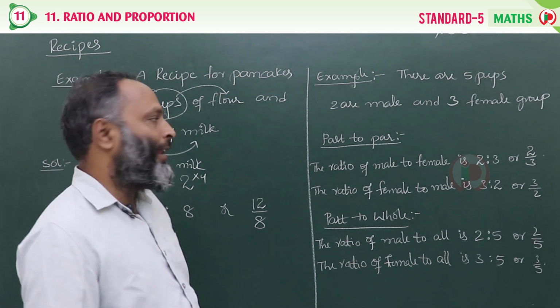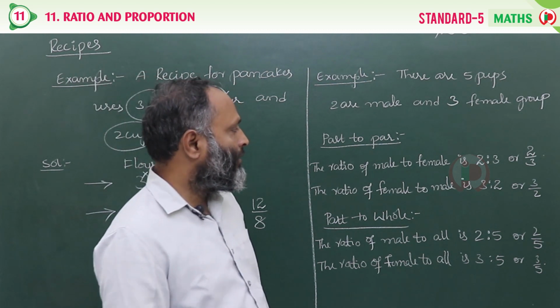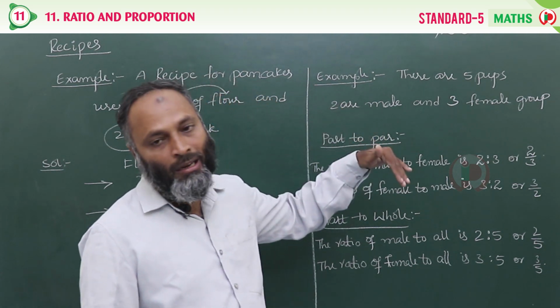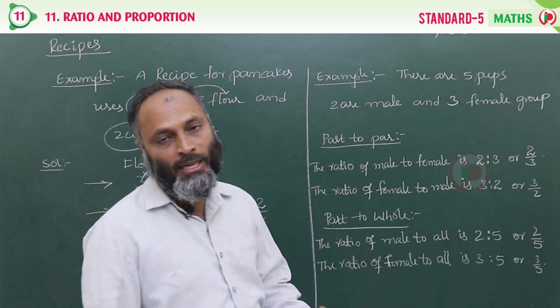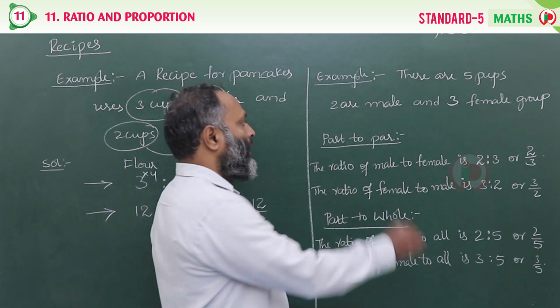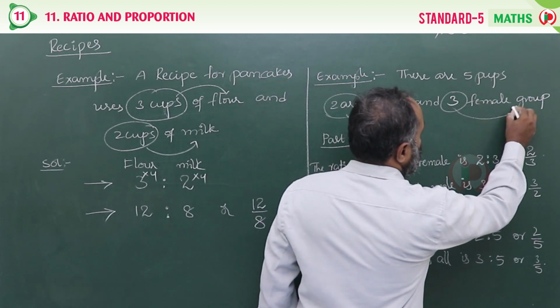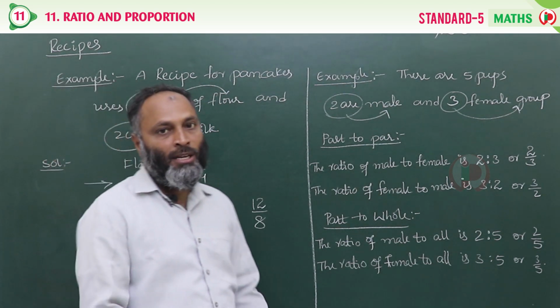Okay, now in the next example, there are some pups. 2 are male and 3 are female. How many males and how many females are there? 2 are male and 3 are female. So here the comparison given is part to part. What is part to part comparison?